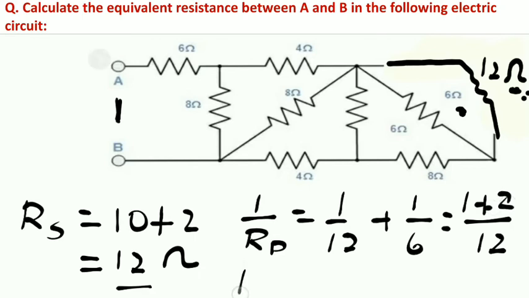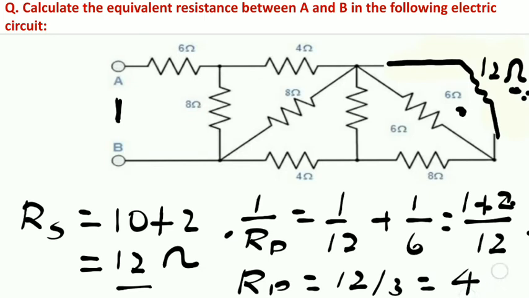So the value of RP will be, let's reciprocate both sides, 3 upon 12, it becomes 12 upon 3, and 3 fours are 12, so this becomes 4 ohm. The value of RP is 4 ohm, which means the resultant of this 12 ohm and this 6 ohm is 4 ohm.